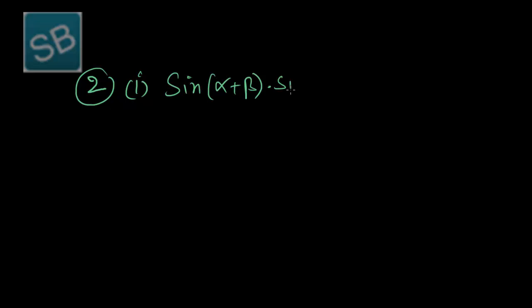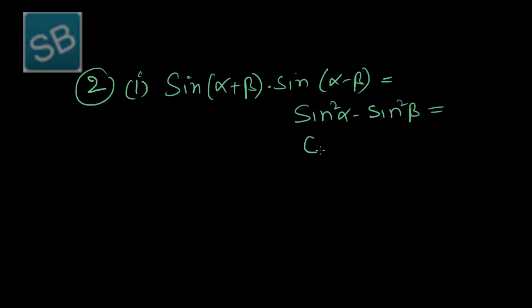Now the next important result, whose first part is: the product of sine (alpha plus beta) into sine (alpha minus beta) is equal to sine square alpha minus sine square beta, which is further equal to cos square beta minus cos square alpha.